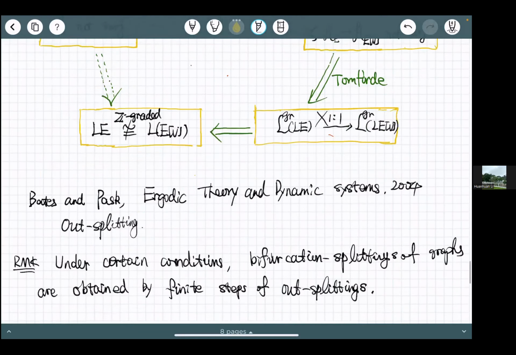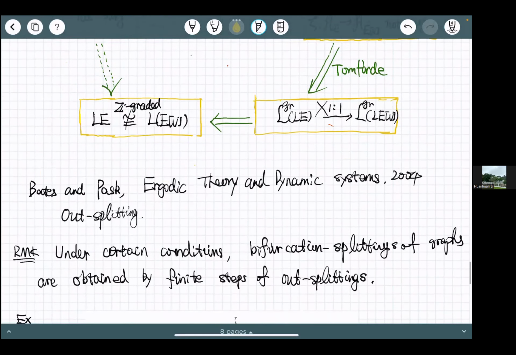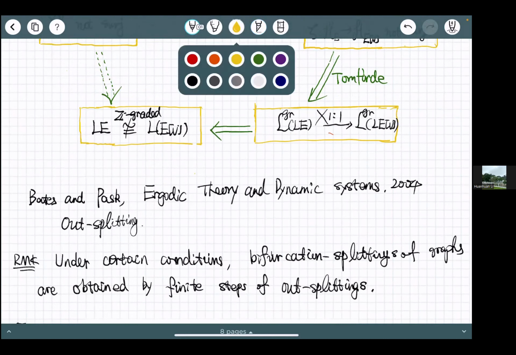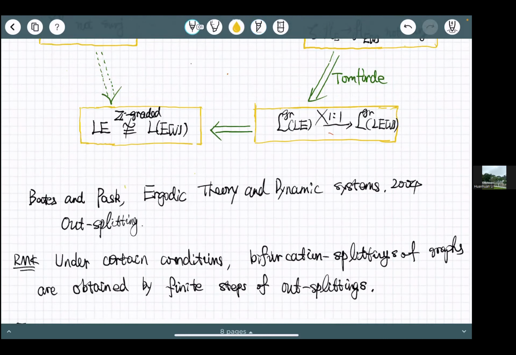Actually, the last point I have here is that this bifurcation splitting has a relation with outer splittings. There are several papers on outer splittings, but here I think of this paper by Bates and Pask, published in this journal in 2004.